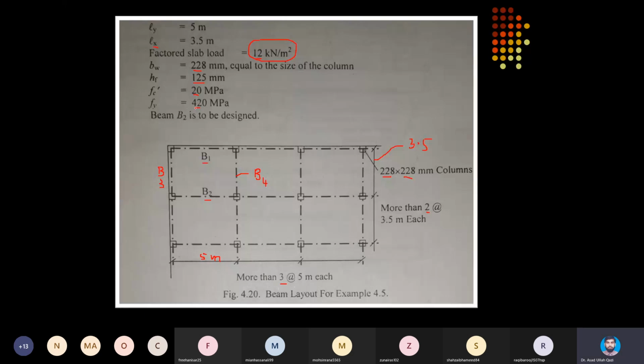You will be given the architectural drawings, and in architectural drawings you will only get the dimensions, plans, and the cross-section dimensions, beam cross-section, slab thickness, column cross-section, footing size, that will be done by you.